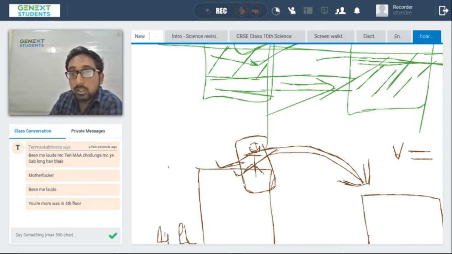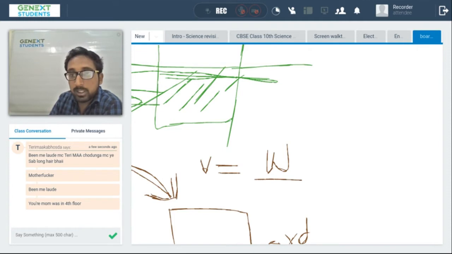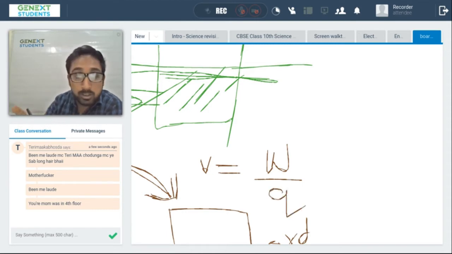Therefore, the work done to jump from this building to that building by this electron, or this charge, is the work done per unit charge.